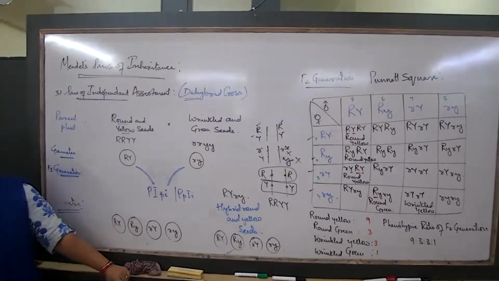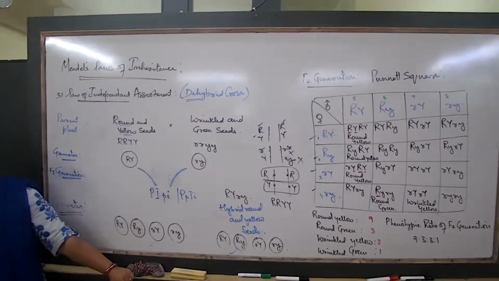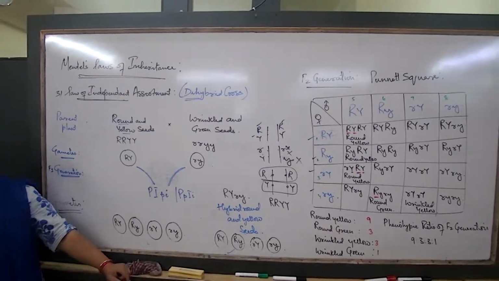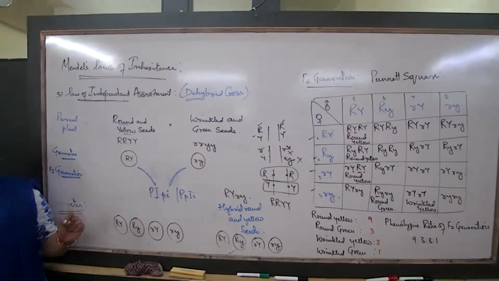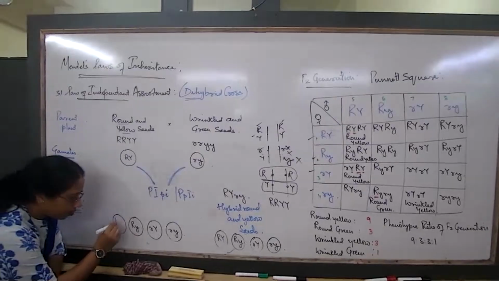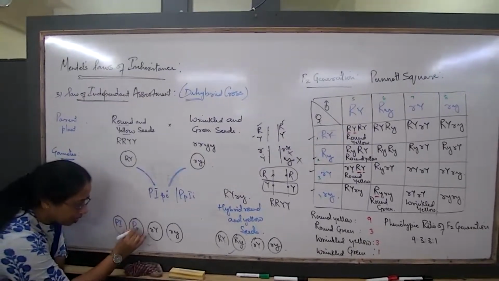Next question क्या है? How many types of gametes F1 produce? How many types of gametes this plant will produce? This is one. This is another.